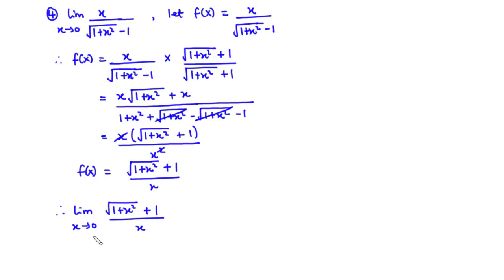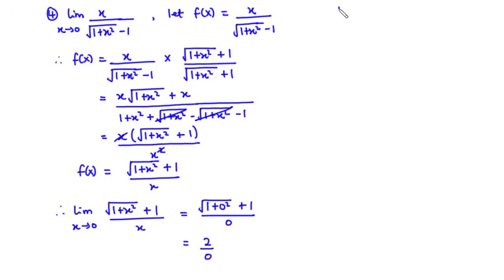Now if we should plug in 0 in this limit, then we are going to have the square root of 1 plus 0 squared plus 1 divided by 0, and that will be equal to square root of 1 plus 0 squared is square root of 1, which is still 1, and therefore 1 plus 1 is 2. So we are going to have 2 divided by 0, and then 2 over 0 is also undefined. So what then is the limit of this function as x approaches 0?